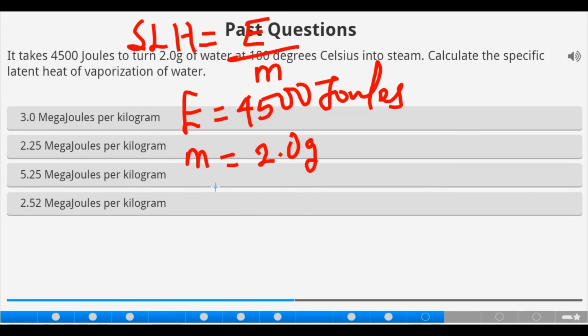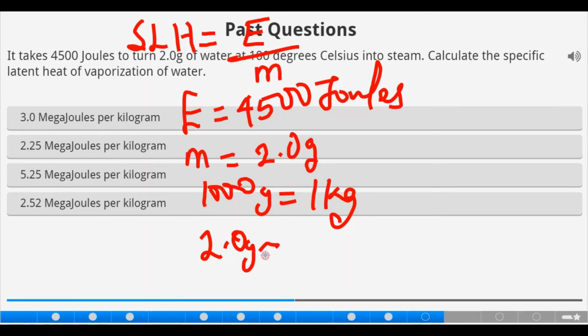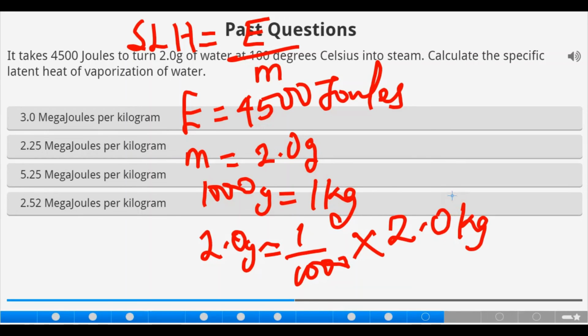So don't forget that mass here is measured in kilograms, and that 1,000 gram is equivalent to what? 1 kilogram. 2.0 gram now will be what? 1 over 1,000 times 2.0 what? Kilogram. So gram will have cancelled gram, and the unit will now be in kilogram. Here I have 2 over 1,000 kilogram.